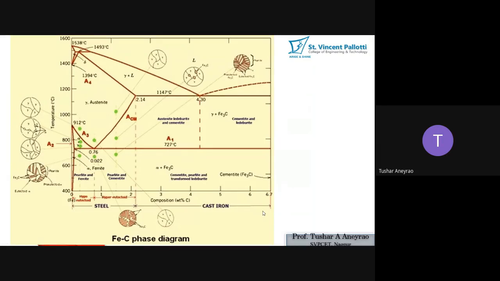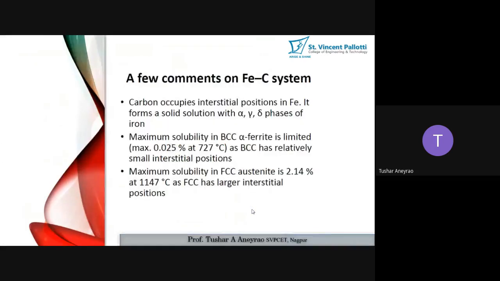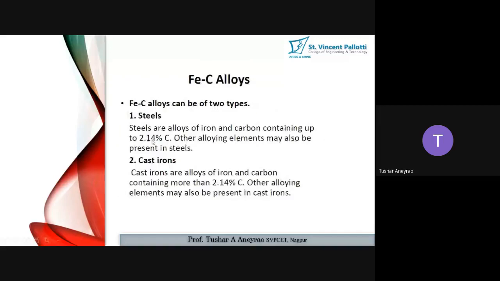Whatever you add beyond this point is just going to add one layer of carbon on another layer of carbon, so it is not useful, and it is not even a mixture. That's why our study is restricted only up to 6.7% carbon. So the difference between cast iron and steel is clear in your mind. Above 2.14% carbon, cast iron. Below 2.14% carbon, steel.